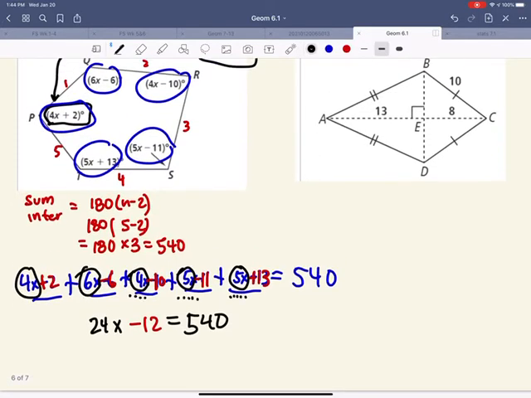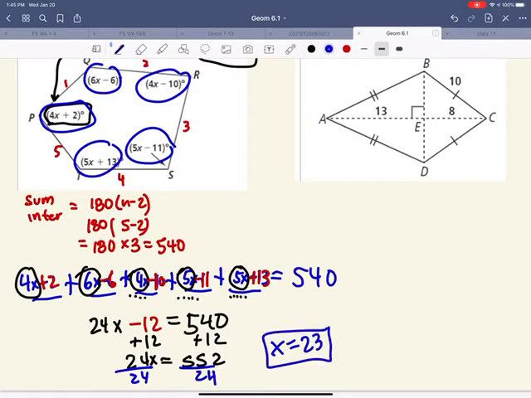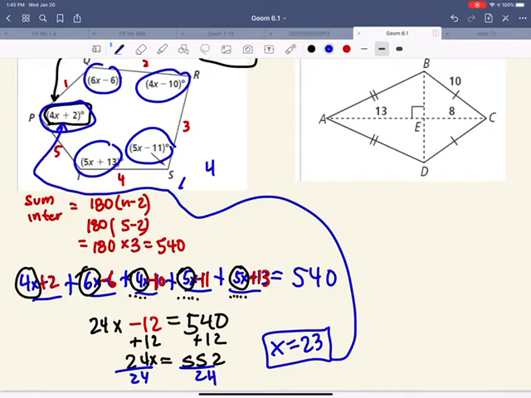Okay, so now I'm going to add 12 on both sides, and divide by 24 on both sides. And I get 23, but I'm not done, right? I was asked for angle P, so I found out what x is. Angle P is 4 times x plus 2. So 4 times 23 plus 2 is 94 degrees.